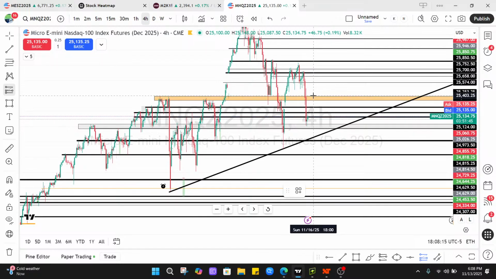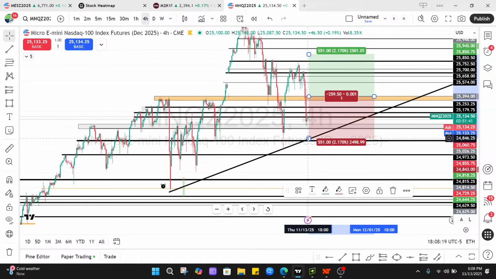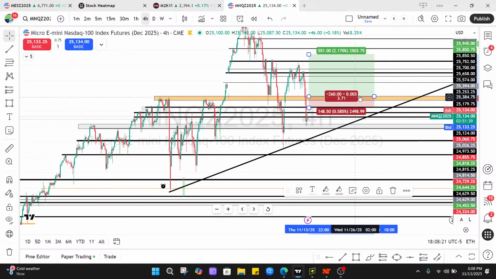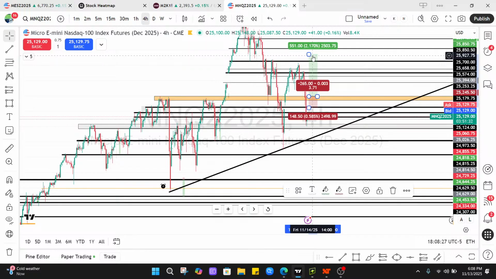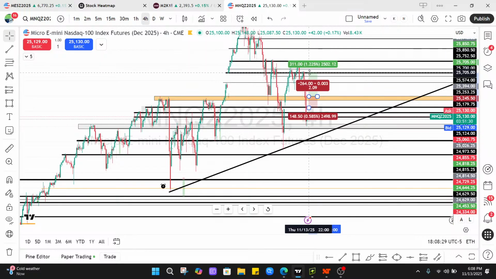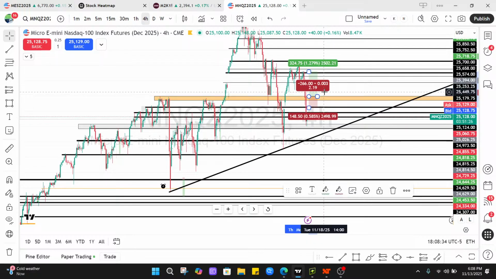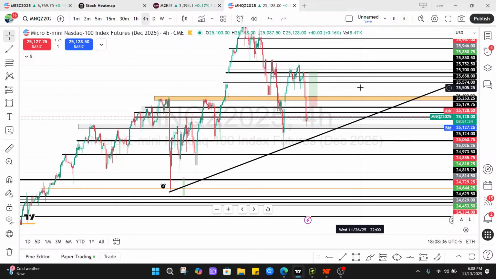That's the only way I can feel a little bit comfortable taking any kind of longs here. It would be something like this, and this is rough, as we're looking at this chart on the 4-hour. All right, so we got a nice 2-to-1 trade.